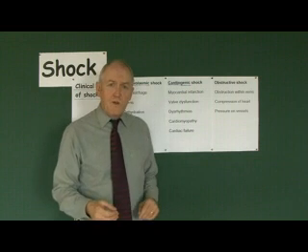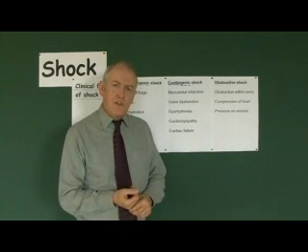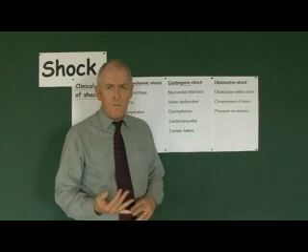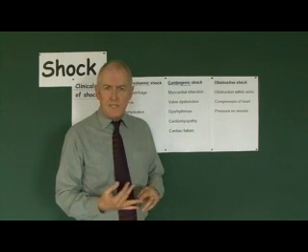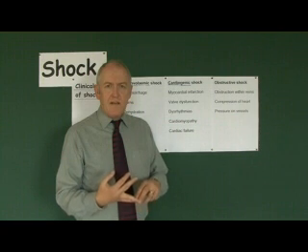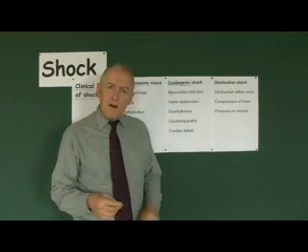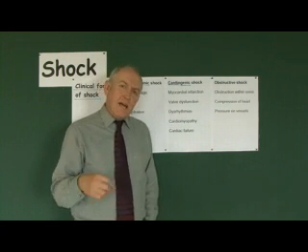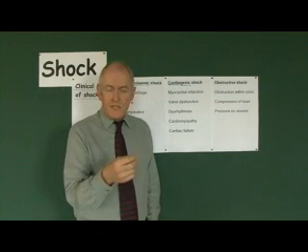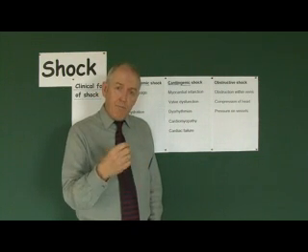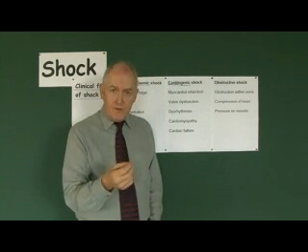So the valve between the left atrium and the left ventricle is the mitral valve. The valve between the right atrium and the right ventricle is the tricuspid valve. The valve between the left ventricle and the aorta is the aortic valve. And the valve between the right ventricle and the pulmonary artery is the pulmonary valve.